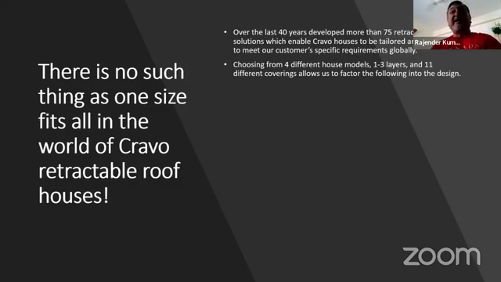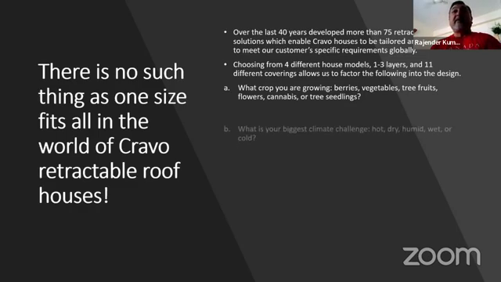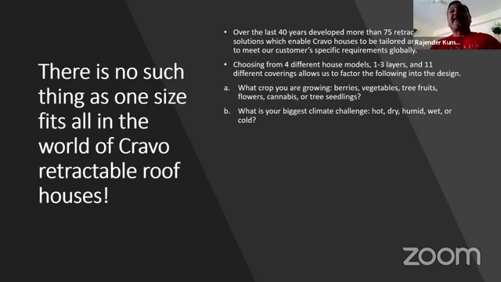So while considering a design, these factors will be very important. What crops you are growing, either it's a berry or it's a vegetable, tree fruits, flowers, cannabis, or tree seedling. What is the biggest climate challenge at your place? Either it's too hot, or it's too dry, or it's humid, wet, or cold.